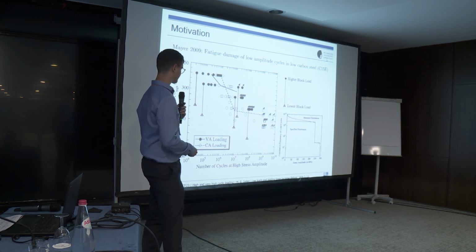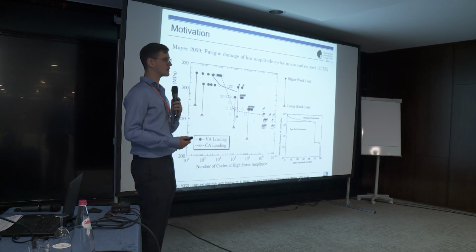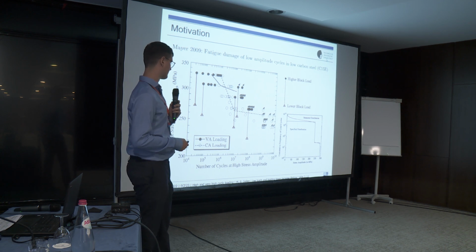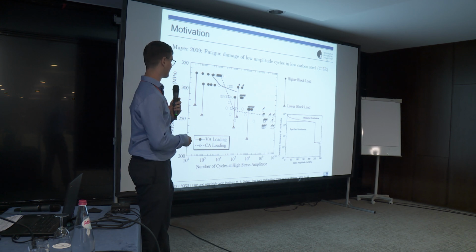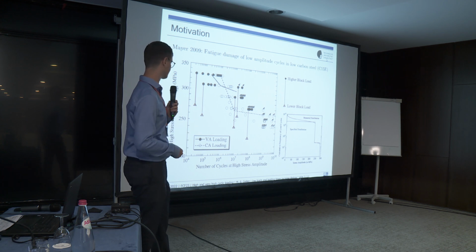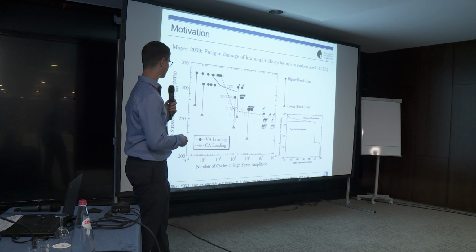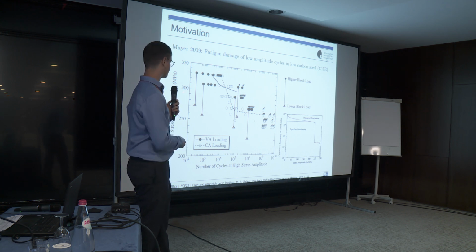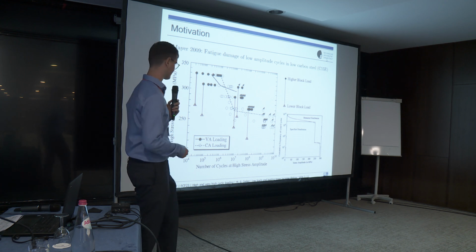Now we would expect, if the lower load level wouldn't cause any damage or wouldn't benefit the material in any way, then we would expect the black points to lie just in the scatter of the white points. We see at high load levels, where the lower load level is above what's traditionally referred to as the fatigue limit, that the black points lie on the left side because, of course, the lower load levels also inflict damage.